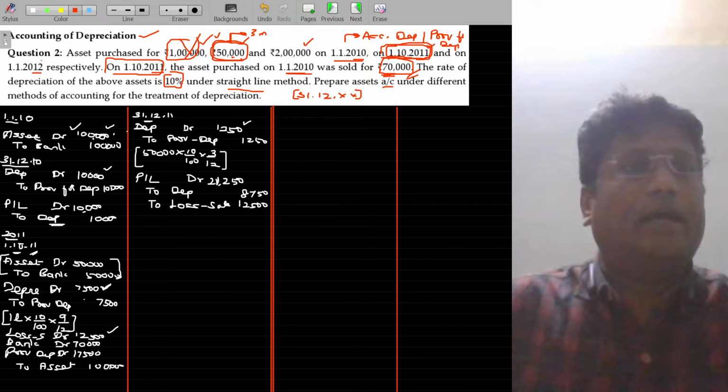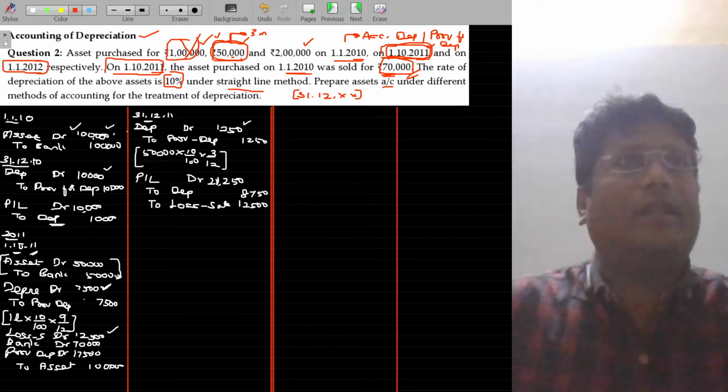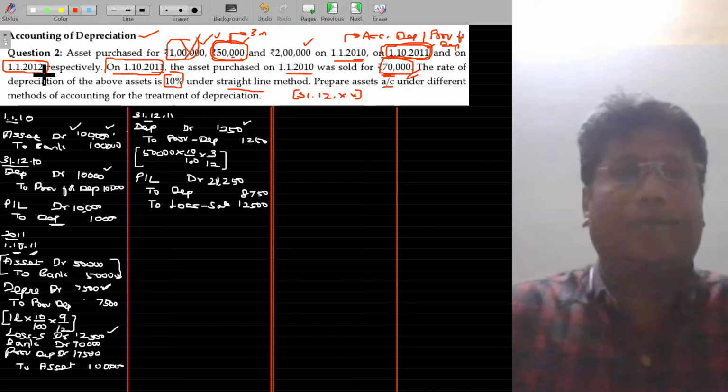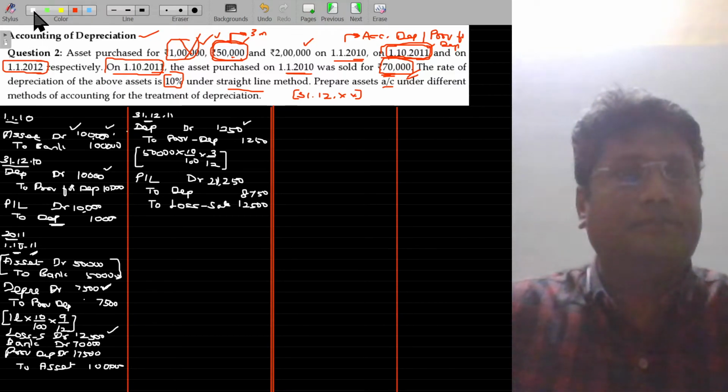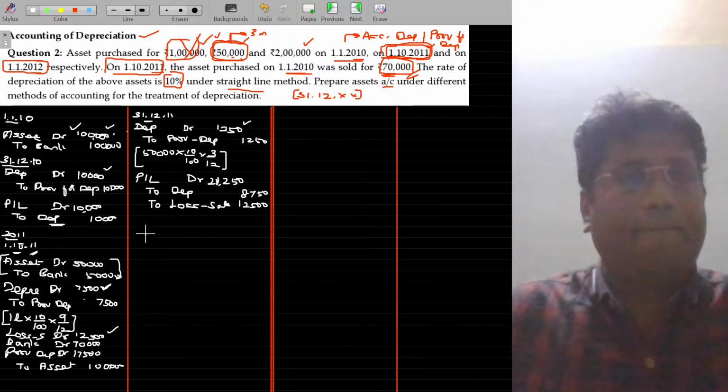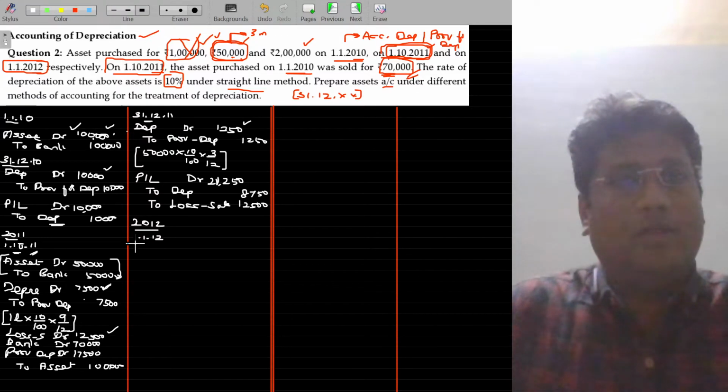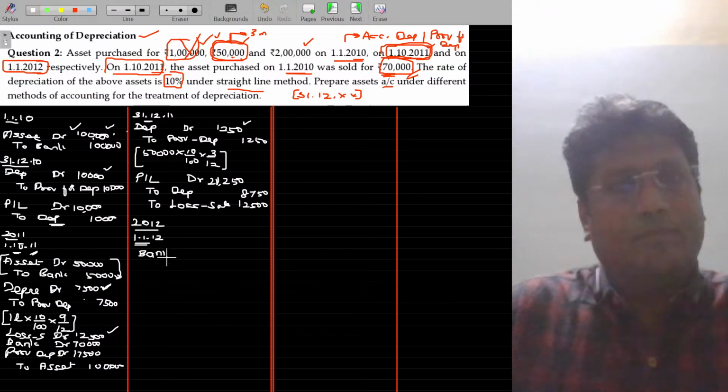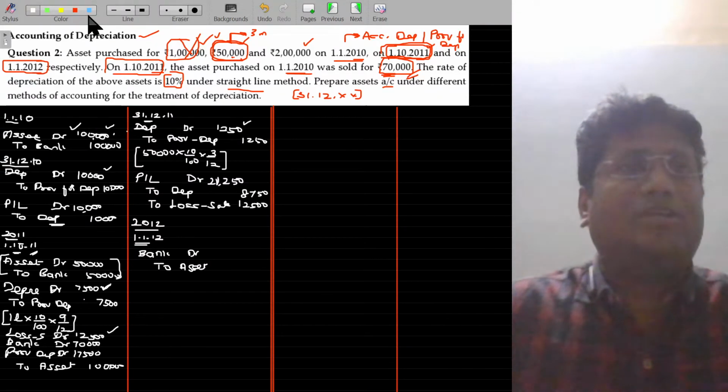Now the third asset purchased on 1/1/2012. On 1/1/2012 we have purchased one more asset. So the entry being, in 2012, one more new asset is purchased. Bank account debit to asset. How much is that? Purchased for how much? 2 lakhs.